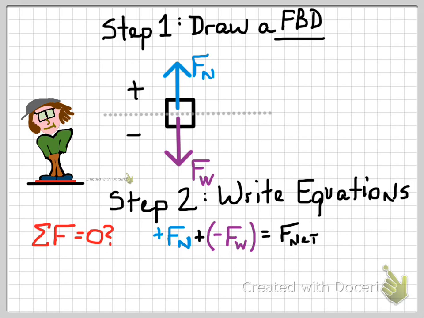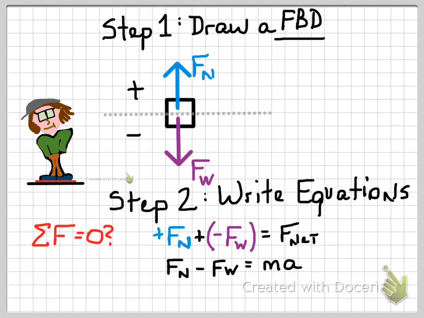Newton's second law says that if there is a net force on an object, it will be accelerated. The first law says that if the sum of the forces is 0, it'll remain at rest, or it'll continue moving in a straight line if it's already moving. I've written the equation out. Notice that the normal force is positive, the weight force, or the force due to gravity directed downward in purple, is negative. So I've made sure to include that vector direction, and they're equal to the net force.